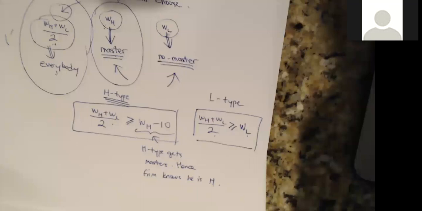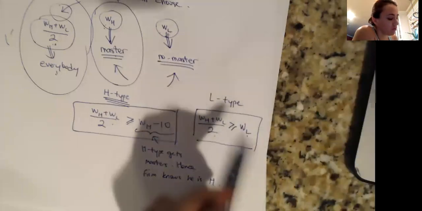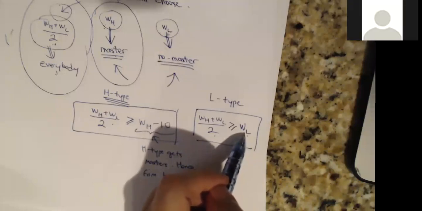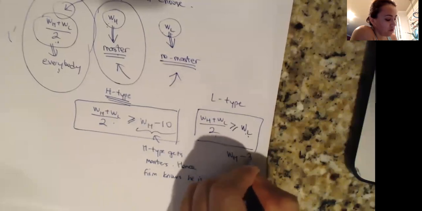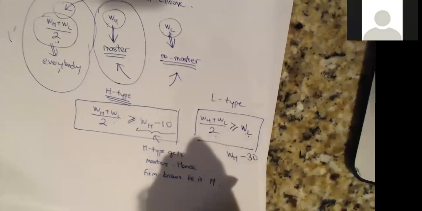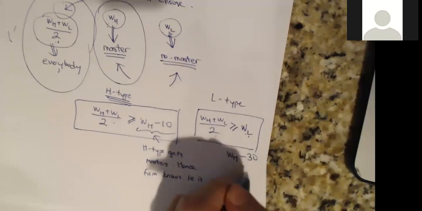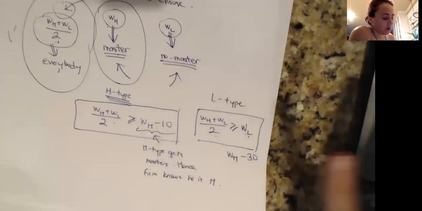Because shouldn't it be their best option? Think about this. If you are offered WL, would you want to get a master's degree? But doesn't it increase your wage? Well, you mean WH minus 30. Yeah. I think I just assumed that your wage would go up if you got a master's degree. Yeah. We can check that too, but only one of them is going to be binding. So wait for this now.